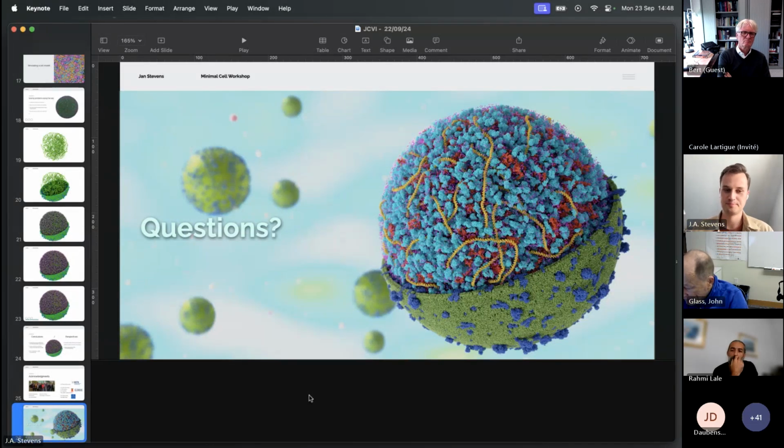Well, perhaps I could add something to Jan. I remember old work from Don Engelman, who determined the density of integral membrane proteins in a number of membrane types. And the membrane is actually way more crowded than what we are seeing in this image.